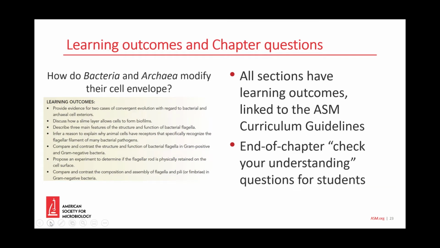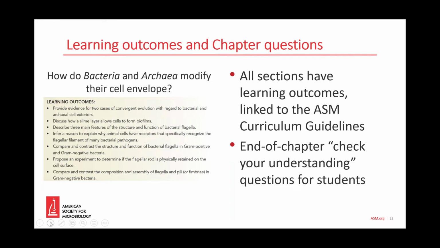So we made sure to incorporate learning outcomes for all of the sections within Microbe 3E. These learning outcomes are presented in front of all the sections. So here's an example of learning outcomes in front of the section, how do bacteria and archaea modify their cell envelope? And you can see, looking at the example learning outcomes, that they span a wide variety of thinking skills.